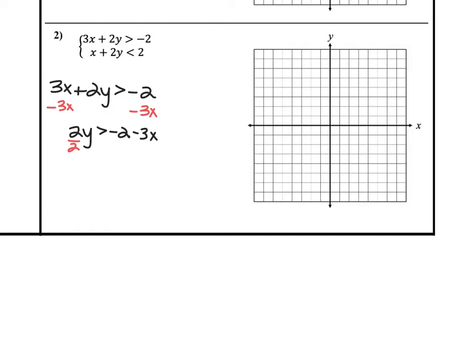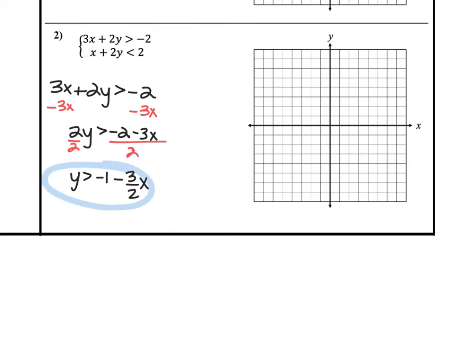Another way that you can write this, you could do one division bar, or you can split it up. I'll do it like that on the next one. So it would be y is greater than -2 divided by +2 is -1. And then -3 divided by 2 ends up as -3 halves x. Okay, let's go ahead and graph that, and I'll graph this one in blue.